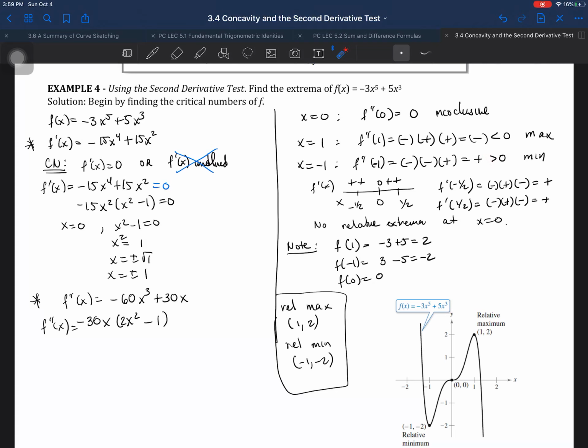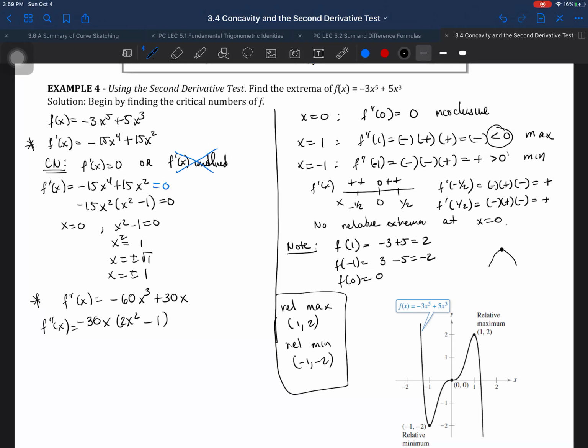Okay, let me say a few things. This is how I remember which one is which, because we can easily confuse them. If you have less than 0, that means you have a concave down. I have to remember that this is a concave down, and I can see this in my head, and therefore this needs to be a max.